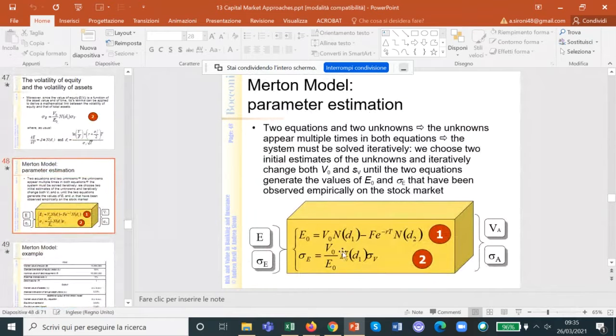So we can put these two equations with two variables that we can observe in the market if the company is listed, the market cap and the volatility of the stock price return, and we can use those two equations to estimate the two unknowns, the value of the assets and the volatility of the assets, okay?